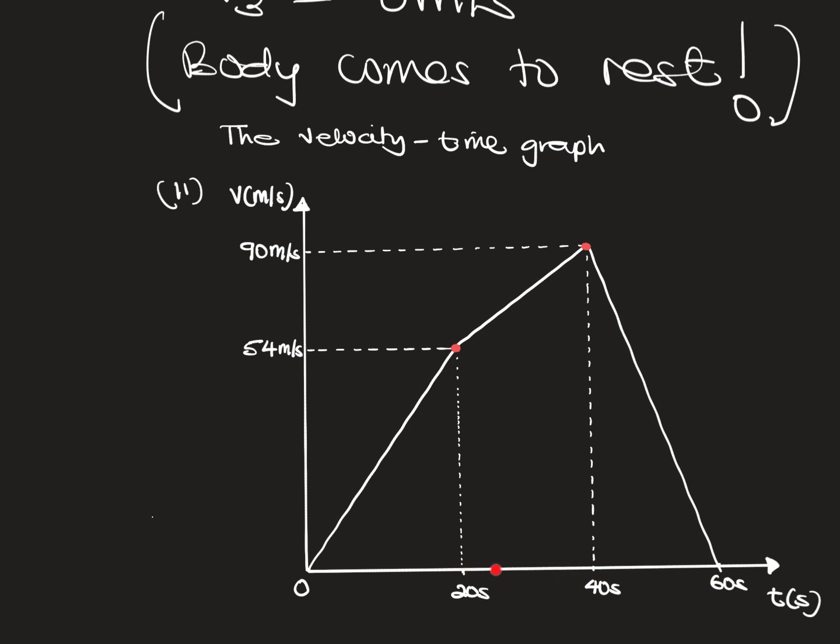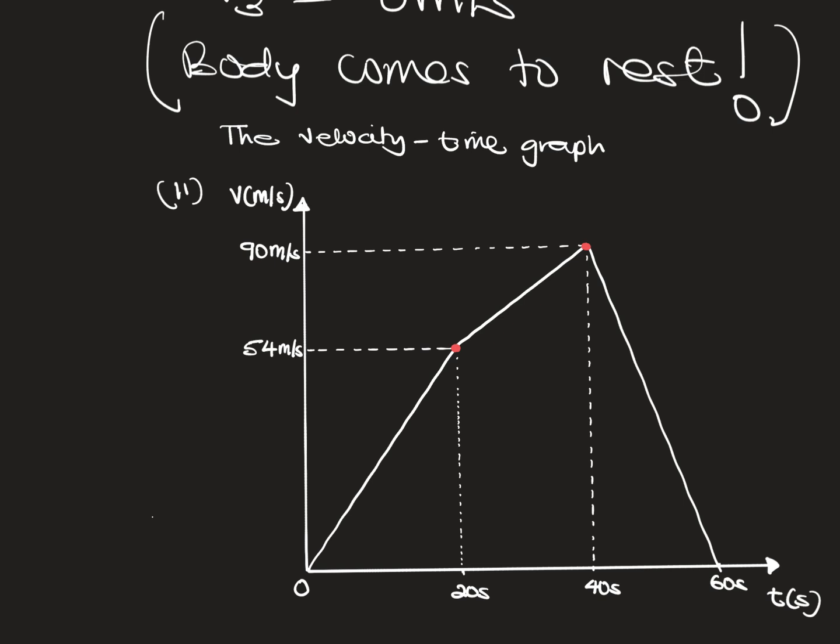The time interval there was 20 seconds. Then finally, the body comes to rest. So it actually decelerated to rest because the final velocity was 0 meters per second. This is how the velocity time graph needs to be drawn for this motion.